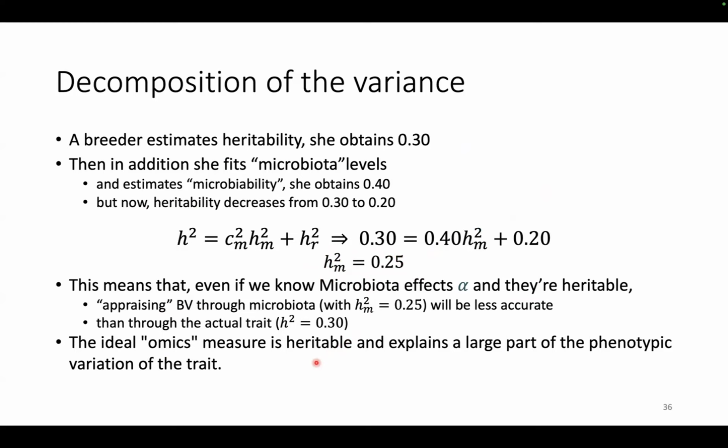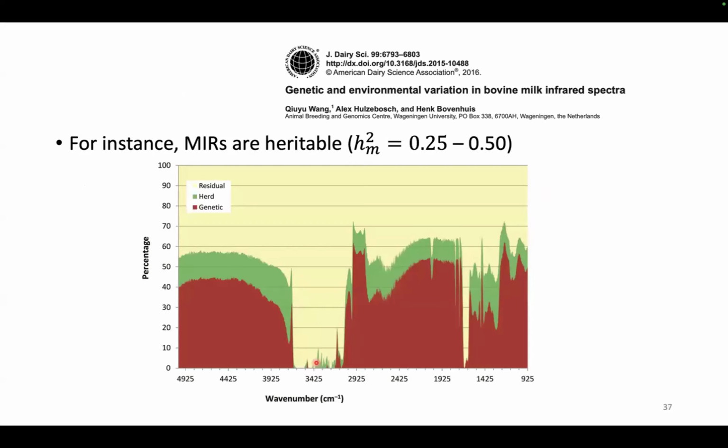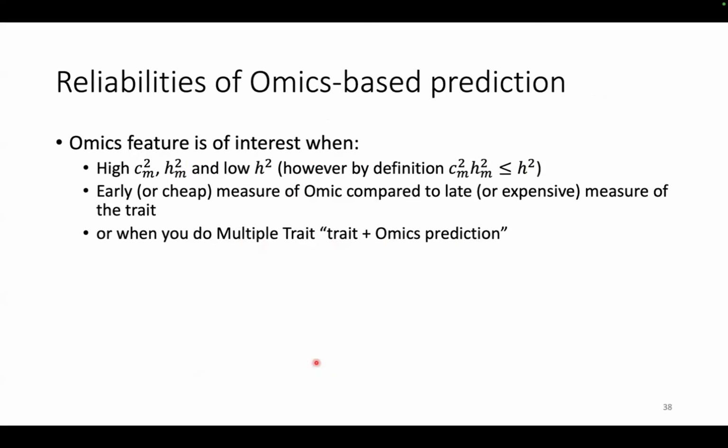And it needs to explain a good variation of the trait, because then it's similar to the trait that you're seeing. One example of something reasonably heritable is milk infrared spectra. They have heritabilities of roughly 0.5. I cannot remember the heritabilities of RNA-seq, but I think they are kind of low, 0.05, 0.10, 0.15. But I'm not a specialist.